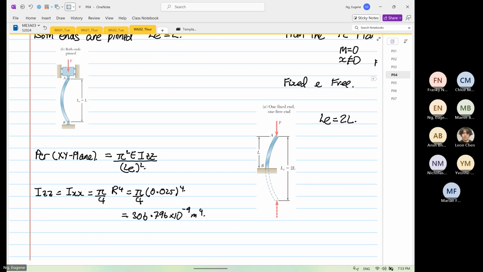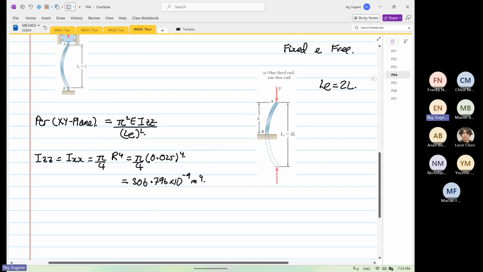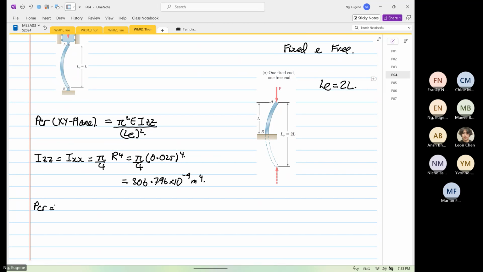So for this case, our PCR on the XY plane is equal to pi squared times 200 times 10 to the power 9 times IZZ, or IXX, which has the same value.